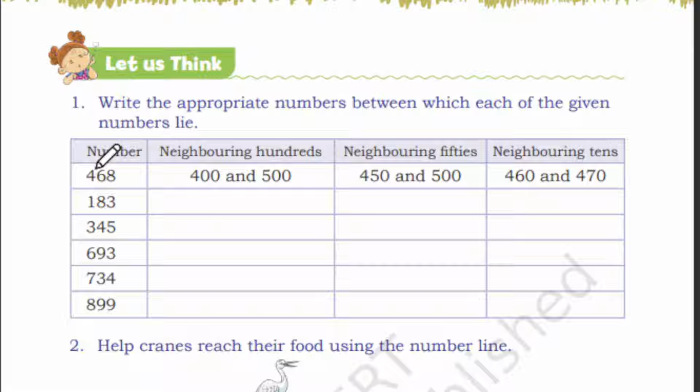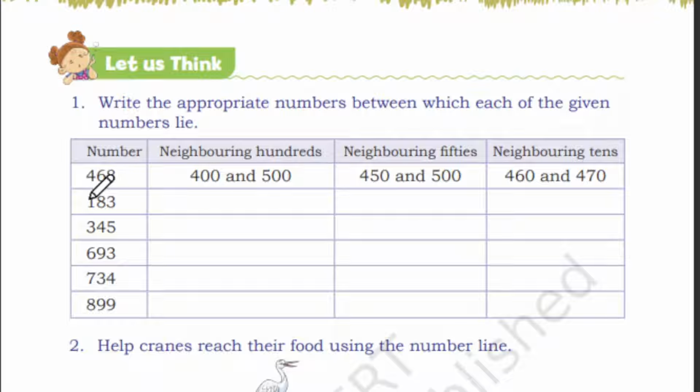We are given 468, 138, 345, 639, 734, 889. First I will write between the neighboring hundreds, then we will go to neighboring 50s and neighboring tens. This question is important for your exam, students. So first let's start with neighboring hundreds.